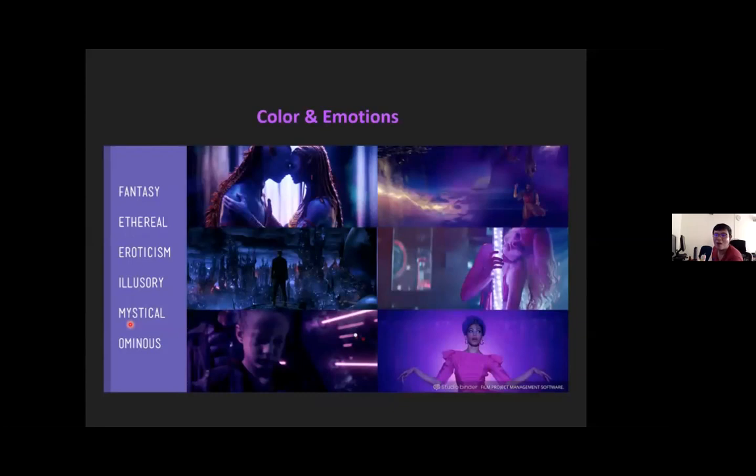What kind of feeling do you have when you see purple? Fantasy, ethereal, eroticism, illusory, mystical, and ominous. So these are the feelings and emotions that we get when we're working with color.